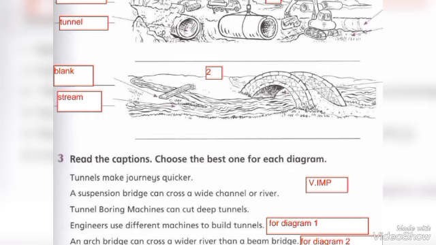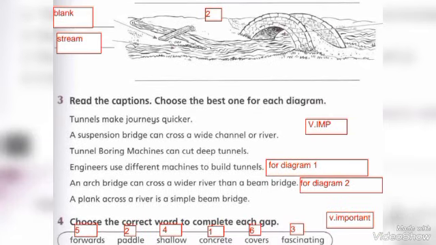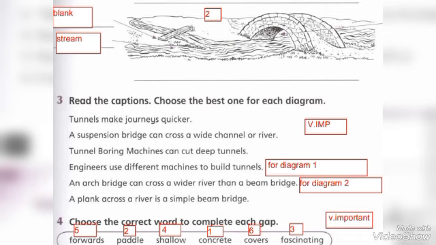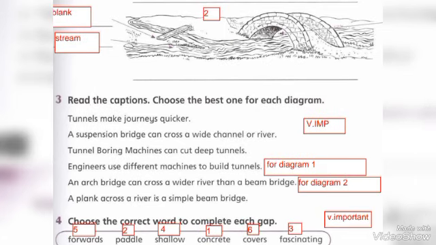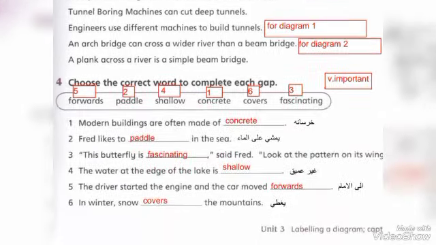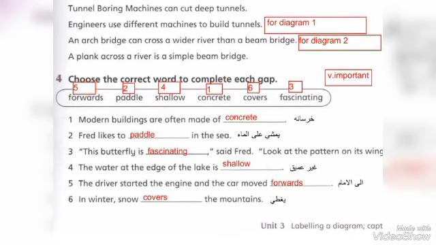Paddle is playing with water. The butterfly is fascinating. Shallow is the water at the edge of the lake is shallow. The driver started the engine and the car moved forwards. In winter, the snow covers the mountains.